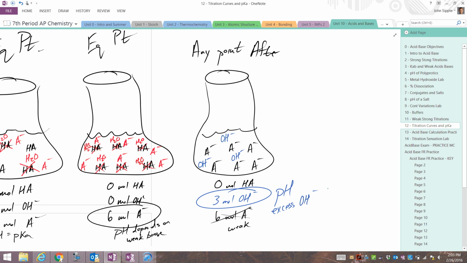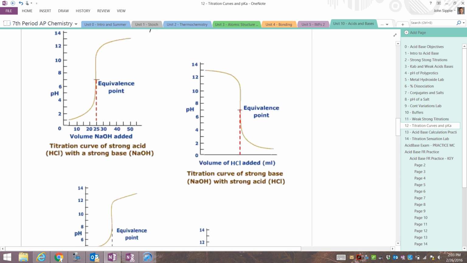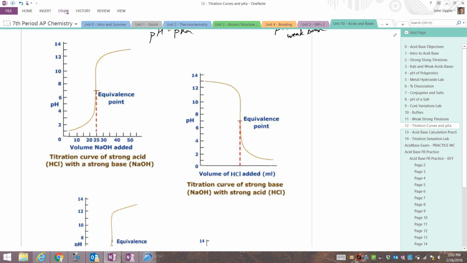But once you start dropping in OHs past the equivalence point, that's the only thing. Concentration of OH minus goes way up, so the pH skyrockets. And that's why the equivalence point is so steep right around there. Okay? That's why it's so steep on that hill. Okay, so if you look on the next page, flip it over here, we got the different scenarios.